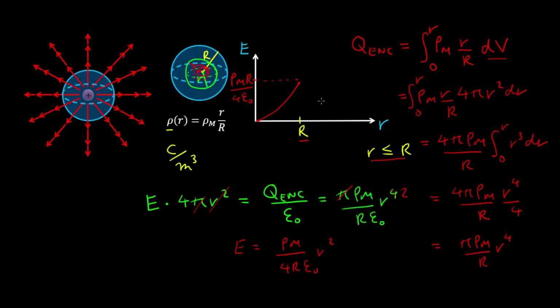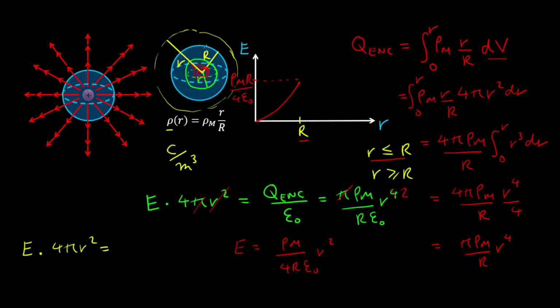Now to get the electric field for r greater than R, we can also use the electric flux. This time we have the electric flux multiplied by the surface area of a surface constructed outside the sphere, which has a radial distance of r from the center, and that's equal to the charge enclosed.